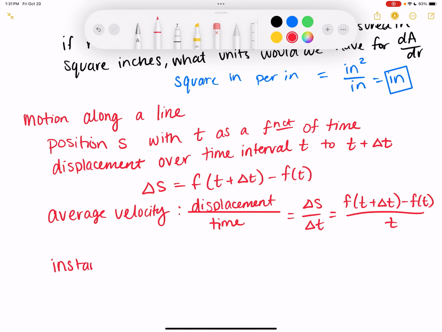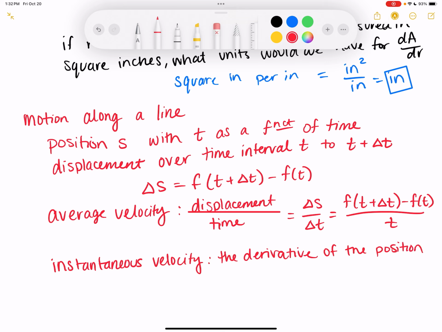Instantaneous velocity is the derivative of the position function s equals f of t with respect to time.